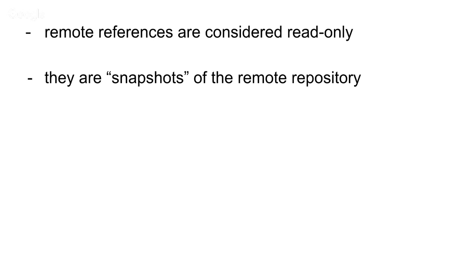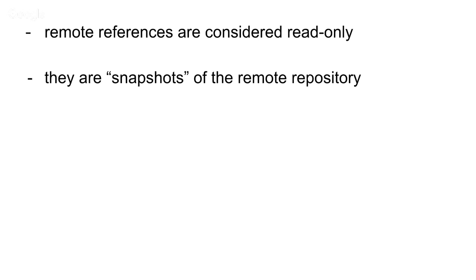One more thing is that remote references, which I already said, are considered read-only, which means Git treats them as such. So Git commands don't allow us to modify them. Those remote references like origin master, origin develop, and so on, are there to be information for us of what's there on the remote repository.